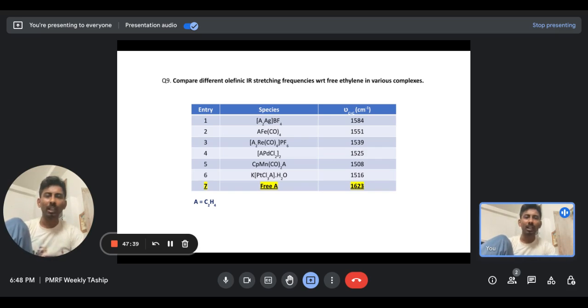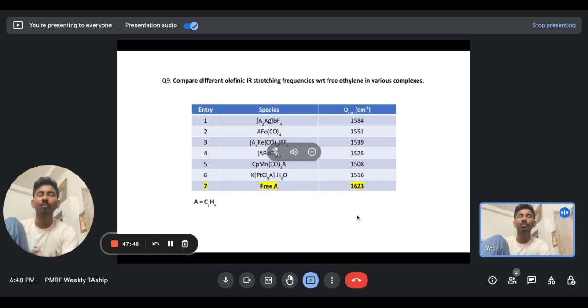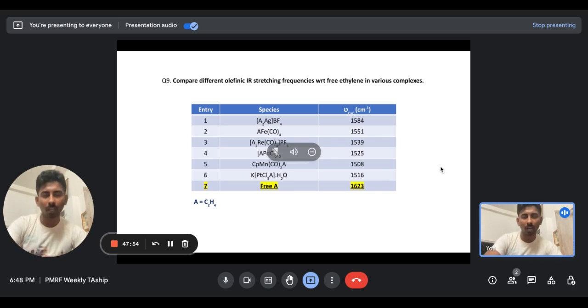In both cases, whether it is forward donation from the ligand to the metal or back donation from the metal to the ligand, the bond order of the olefinic C=C double bond will drop, so there will be a decrement in the IR stretching frequency of the C=C bond. So in each case, whenever ethylene is bound to a metal atom, the IR stretching frequency drops from that of free ethylene.